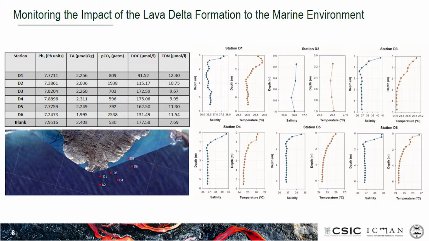Observing these salinity and temperature profiles, we could see how they both increase in the regions close to the lava delta. In addition, the entry of some gases coming from this volcanic material triggers some chemical reactions that were also affecting the pH of the water.